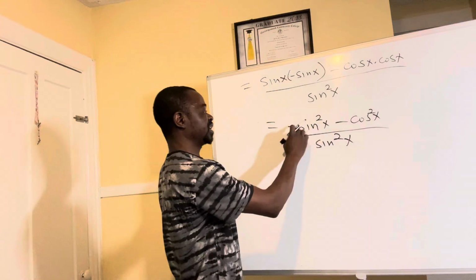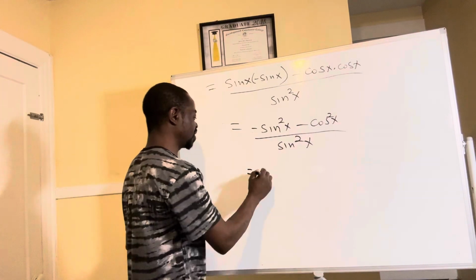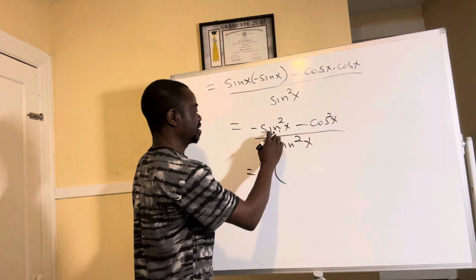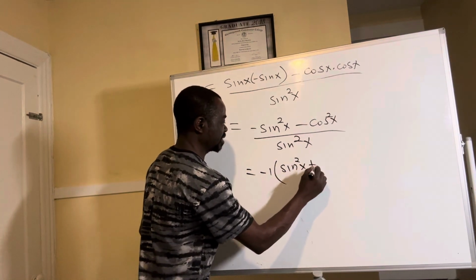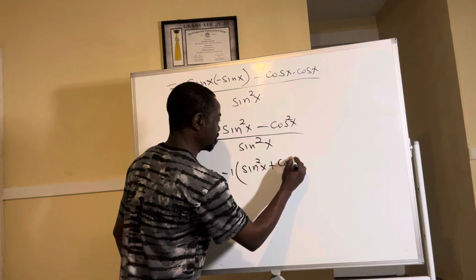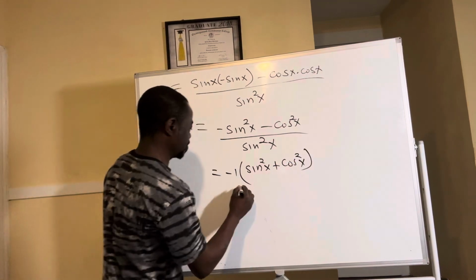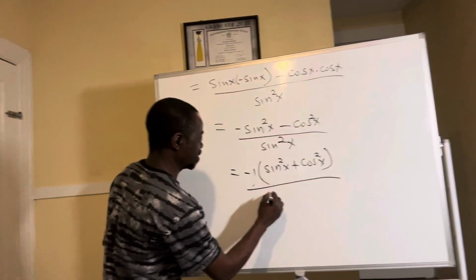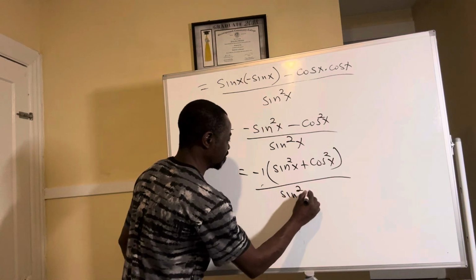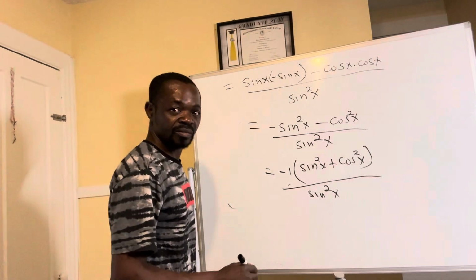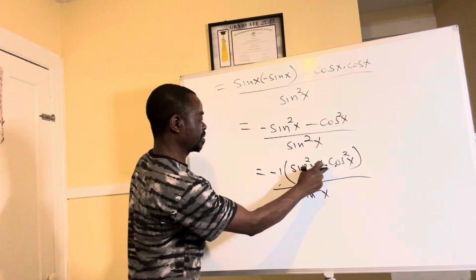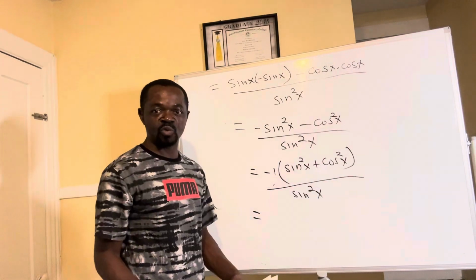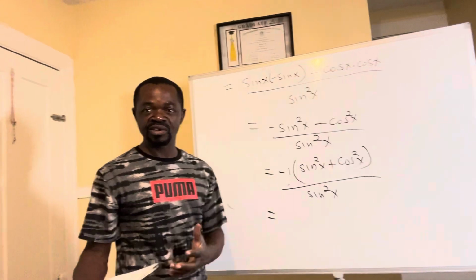So here we have negative, negative. You can simply bring negative one outside the bracket. You have sine square of x plus cos square of x, then all over sine square of x. Sine squared x plus cos squared x is simply 1 when you use the identity rule.